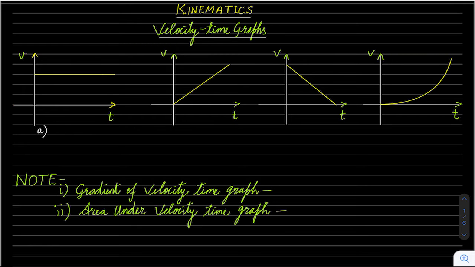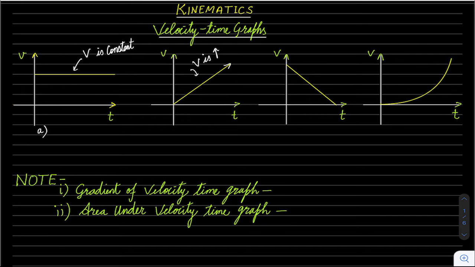Okay, so in the first graph you can see velocity is constant. In the second graph you can see as time is increasing, my velocity is increasing. And now what's happening in the third graph?